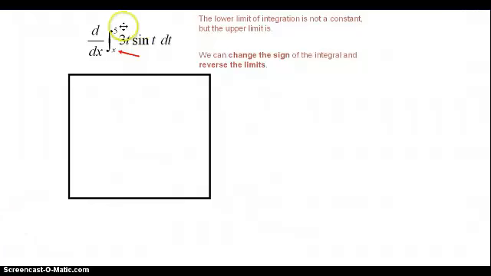Okay, another example. Here, we don't have all the players like they're supposed to be. If we have a function defined as an integral, let's call this h of x. This would be h of x, so this would be h prime of x. So what we need is we always need the lower limit to be a constant.